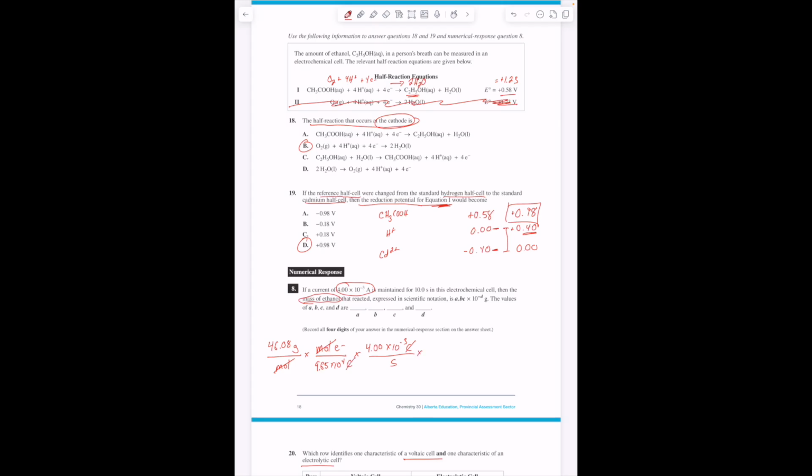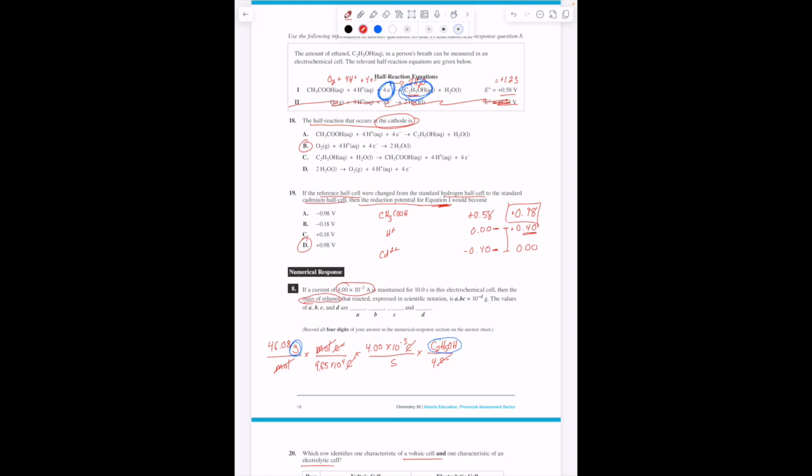Next, let's cancel electrons. I'll just change this to blue. If you look up here, I have 4 electrons for every 1 ethanol. And so I'm going to put electrons on the bottom because they need to cancel. 4 electrons for every 1 ethanol, sorry. Now if you look at units here, I've got grams of ethanol. I want to keep those, keep canceling other things.